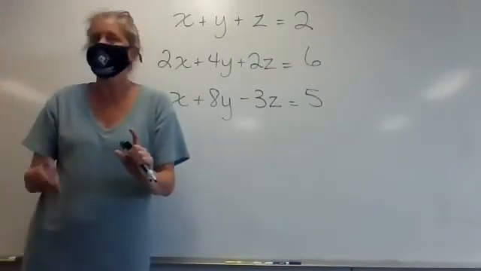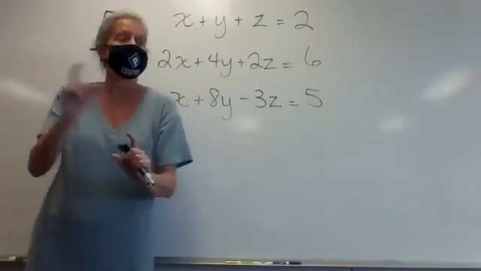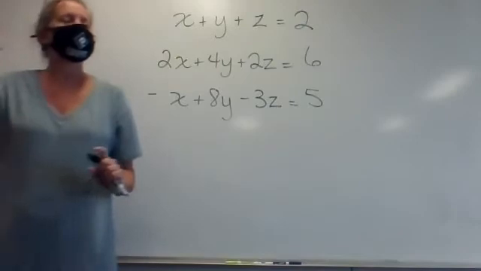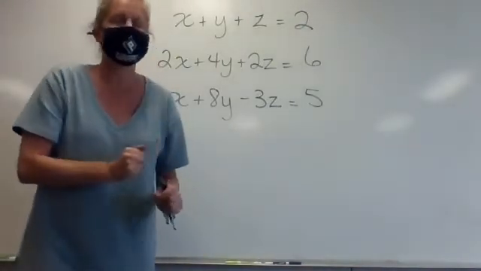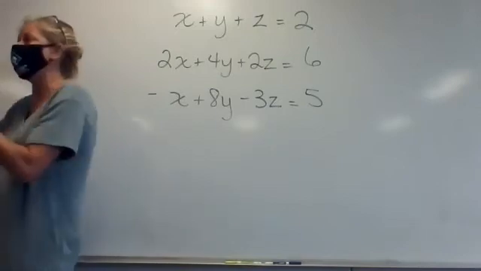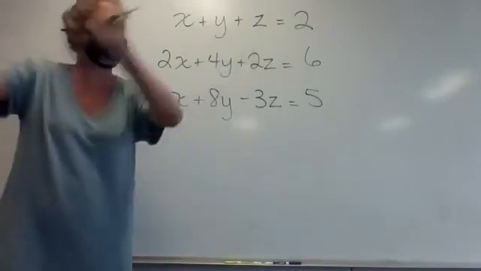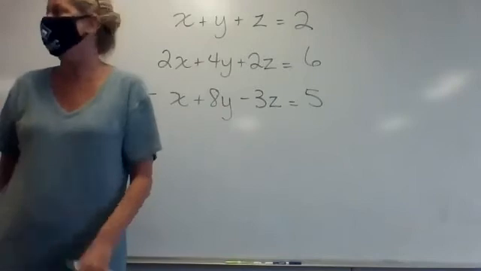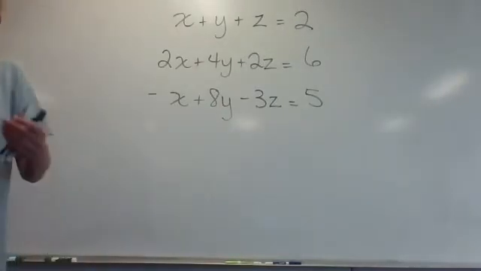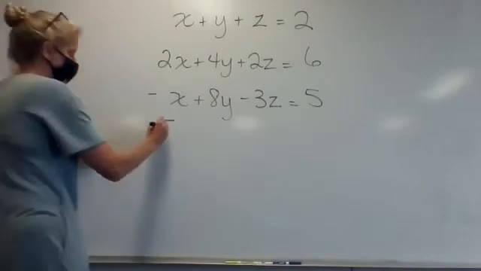And then use elimination to eliminate either the y or the z. So it's a very long process, and if one thing goes wrong in any of the 10 steps that it takes, your answer's wrong, right? So that's why it's so beneficial to have this matrix function.